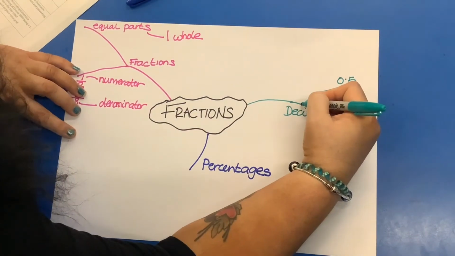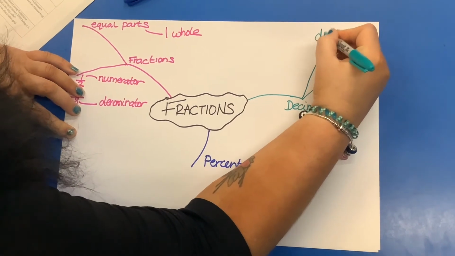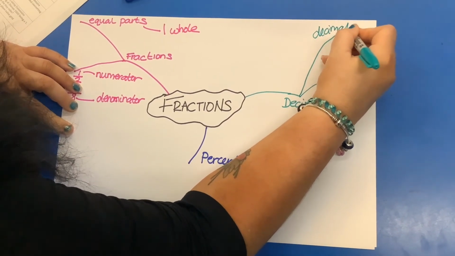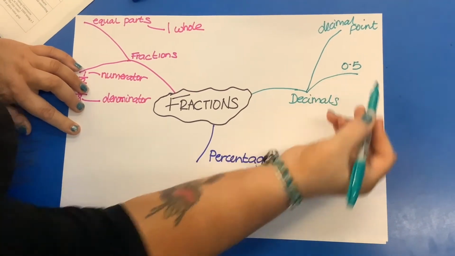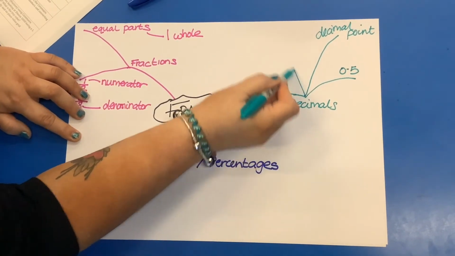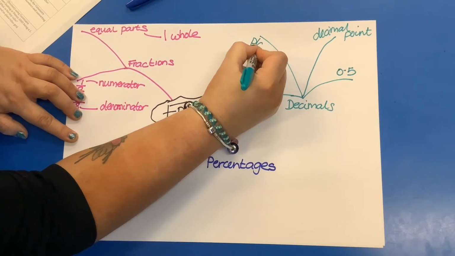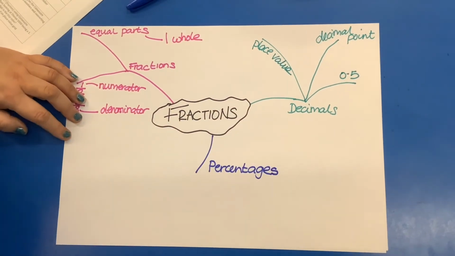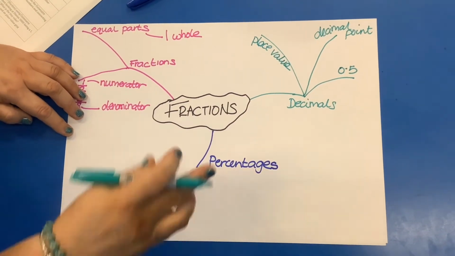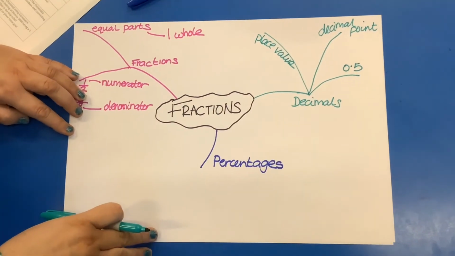So we definitely use a decimal point. And that's really important, isn't it? Our decimal point here. Place value. You're definitely going to need to know place value to do decimals. So again, you could add some more there, maybe tell me what they are.